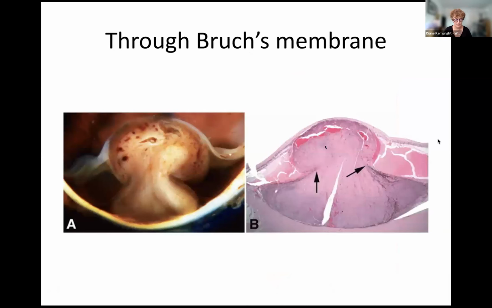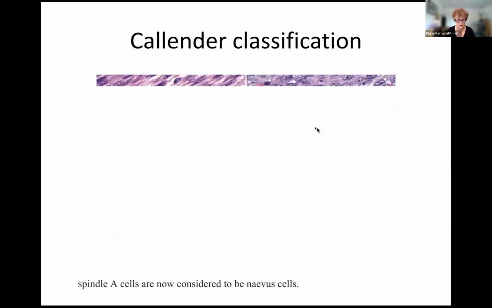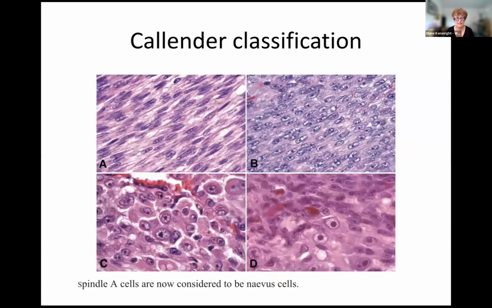So what does a mushroom shape mean? It means it's extended through Bruch's membrane. Bruch's membrane is thin, but tough. And once it has gone through, it forms this characteristic mushroom shape and is then able to spread directly into the retina.